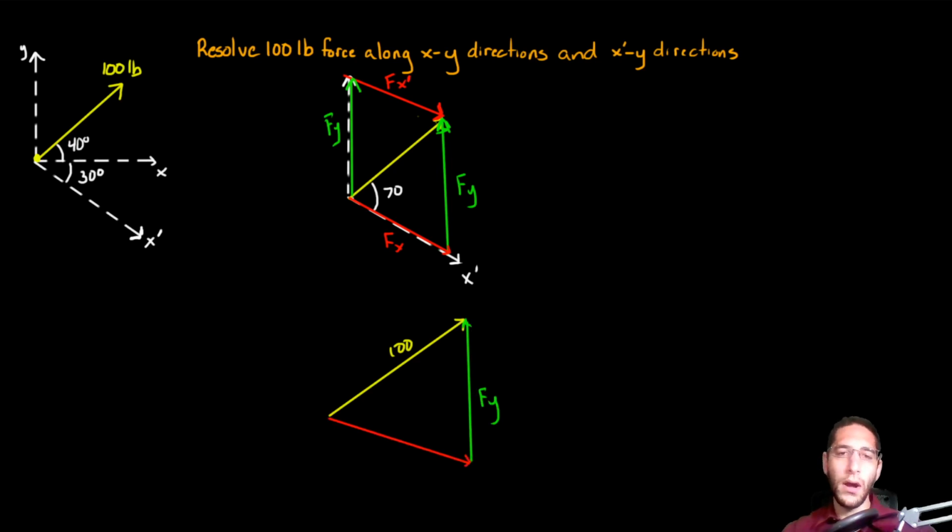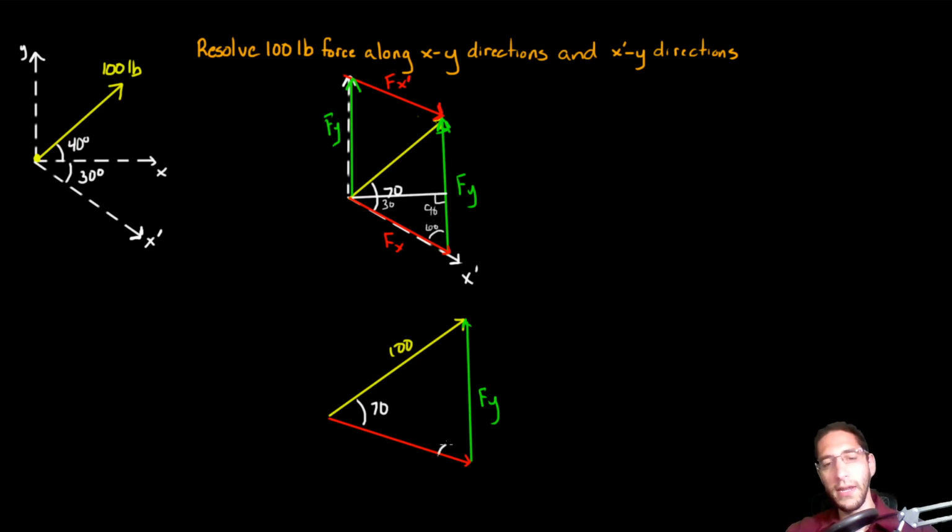Now, what are the rest of our angles? This in here is 70 degrees. Can we figure out what the rest of the angles are? Well, we could. If we know this was 40 degrees, or this was 30 degrees, if we draw a line at the x-axis, we know this needs to be 90 degrees. So this right here needs to be 60 degrees.